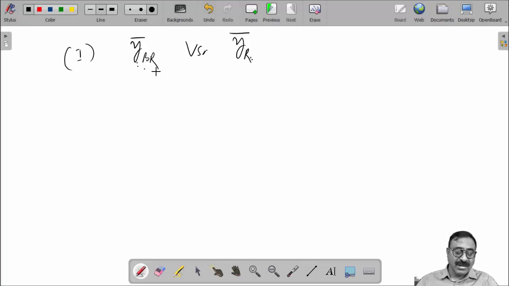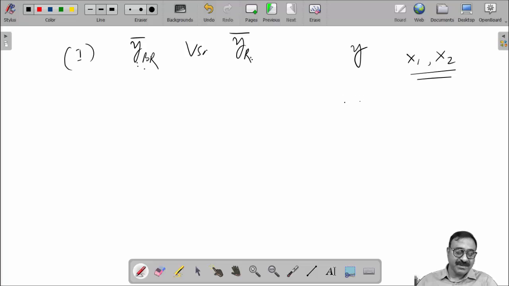So here we assume that our study variable y is equally correlated with both the auxiliary variables x1 and x2, and the coefficient of variation of both the auxiliary variables is the same.